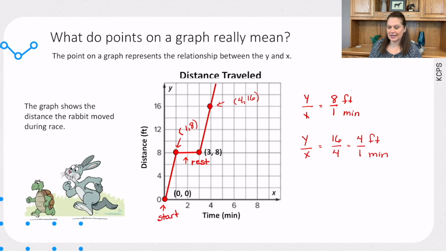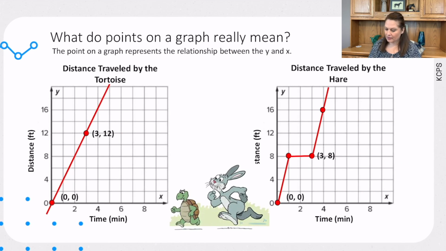Okay, so let's take another look. Now we're going to compare these two, because when we graph, normally we don't just use a graph and look at a line. We compare two graphs together. So we're going to compare our tortoise and our hare.